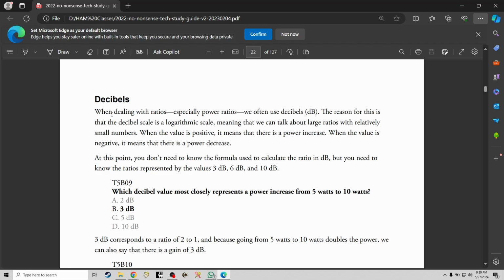especially when dealing with ratios, especially power ratios, we often use decibels. The reason for this is that the decibel scale is a logarithmic scale, meaning that we can talk about large ratios with relatively small numbers. When the value is positive, it means that there is a power increase.